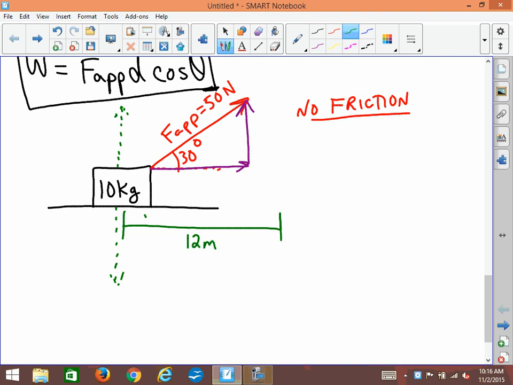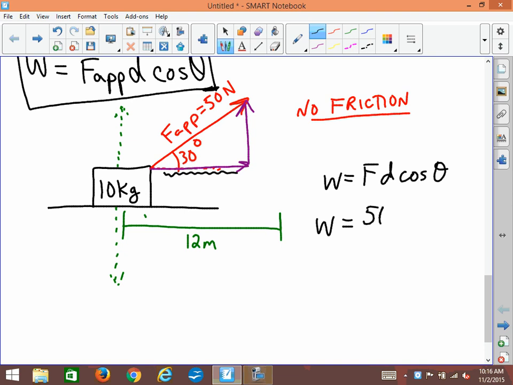So how would I calculate the work? Well, the work done is very simple. Work equals F d cos theta. And remember, the F and the cos theta are really telling me the value of this purple line right here, right? So I don't even need to draw the picture. I don't even need to worry about resolving it on here. I can just do it right in the formula.